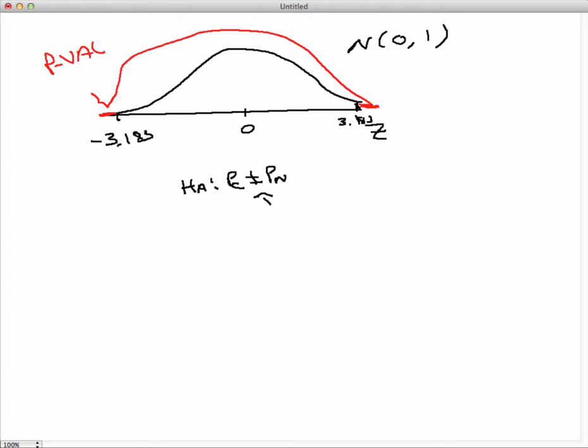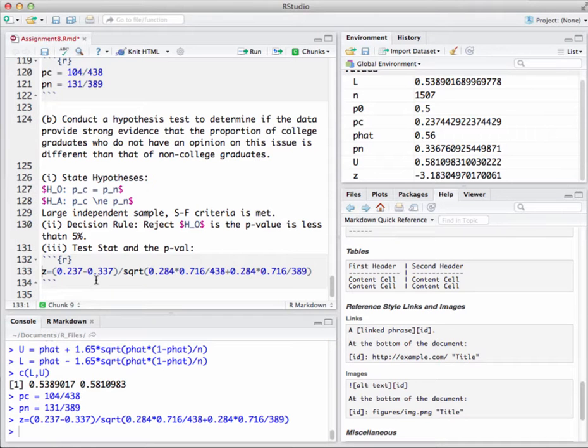The easiest way to calculate that is going to be 2 times pnorm of negative 3.183, comma 0, comma 1. But I'm actually just going to put a z in there since I already calculated the z. No sense having to type in the number if I don't need to. Let's go back into RStudio and do that.